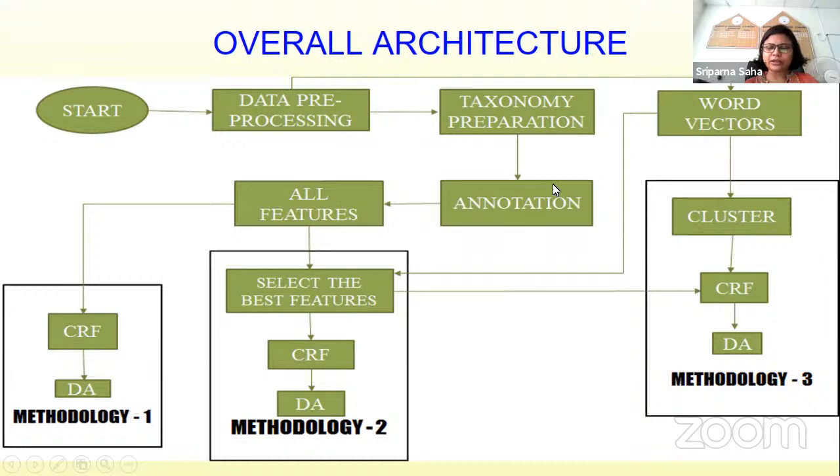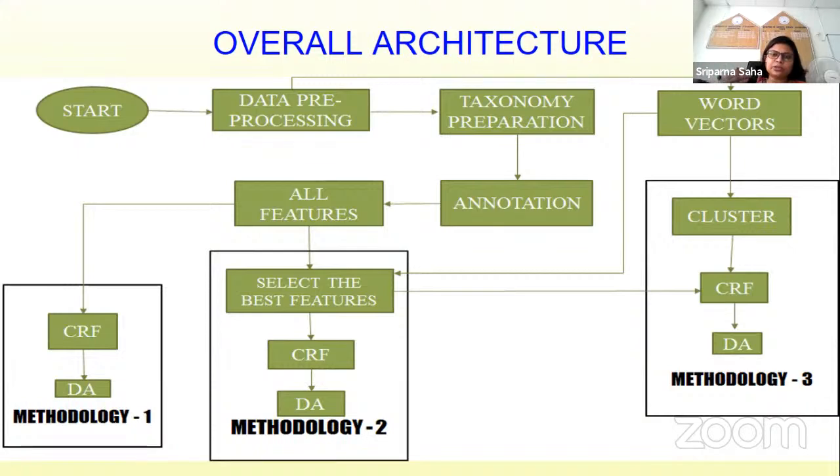Then in the second task, we are not only using these manually extracted features, we are selecting a subset of features by using some feature selection technique. You know that there are different feature selection techniques available, like forward selection and backward selection.